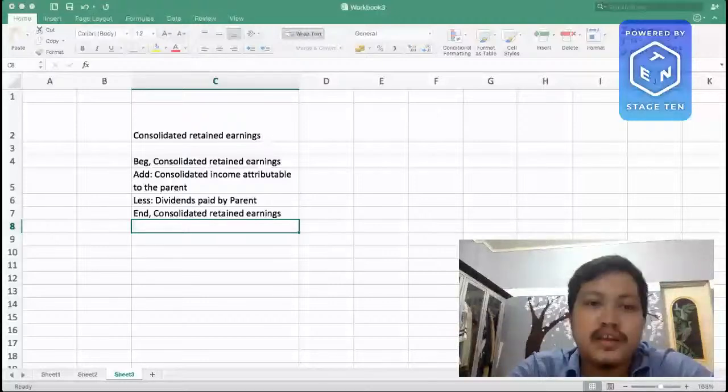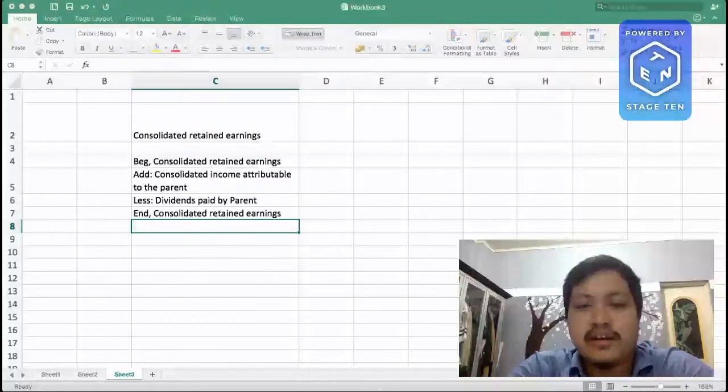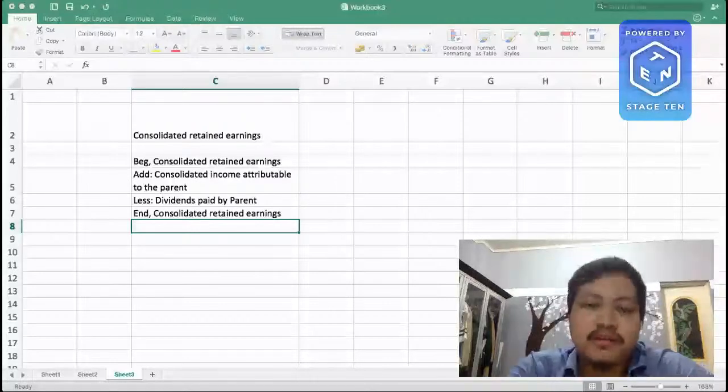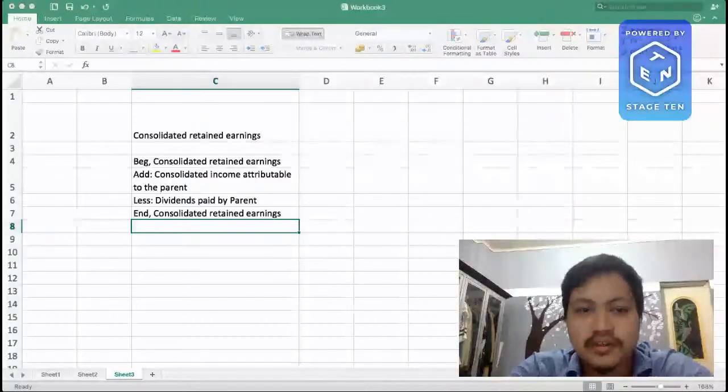Again, your non-controlling interest account, class, which we will discuss afterwards, will behave similar to your partnership capital or your sole proprietorship capital. It will increase if there are profits. It will decrease if there are distributions of profit or withdrawals. So let's focus first on consolidated retained earnings, class.